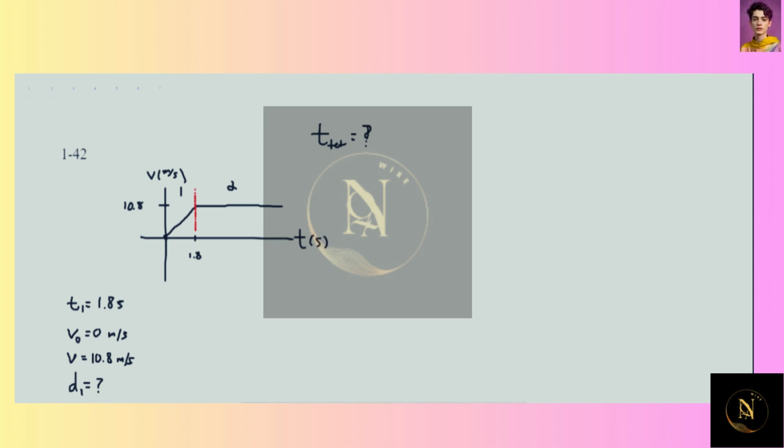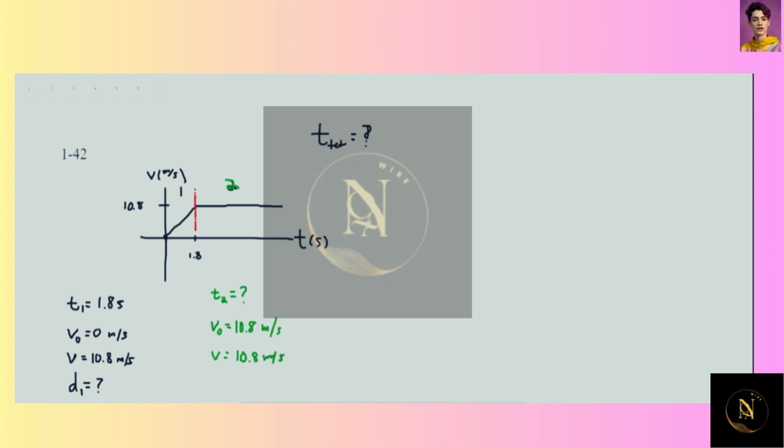For segment 2 now, I'll do it in green just to make it obvious what I'm working with. The time of segment 2, T2, we don't know. We don't know how long it takes from the start of segment 2 to the end of the race, because if we did, we would solve for T total. Our initial velocity is the velocity the runner reaches at the end of segment 1, so that's 10.8 meters per second. Our final velocity, well, we're not accelerating, so that's 10.8 meters per second as well.